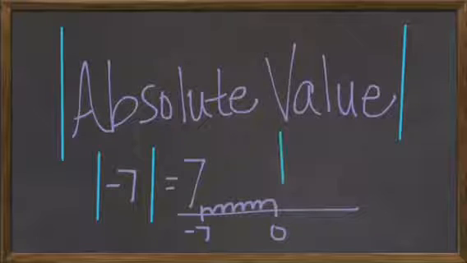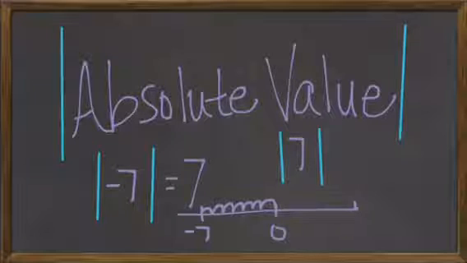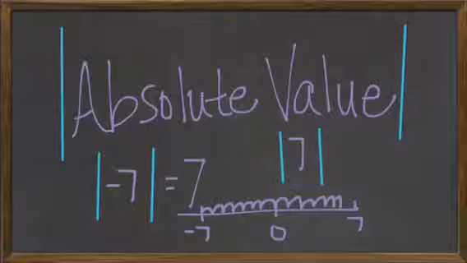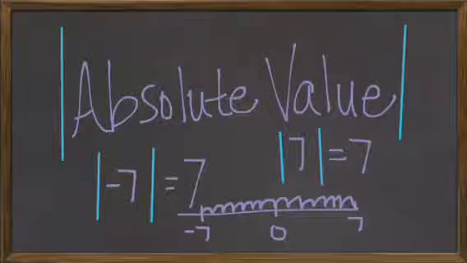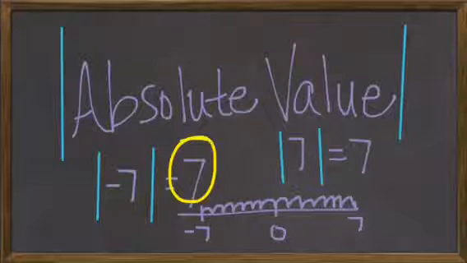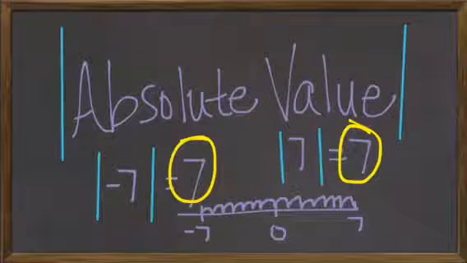Also, +7, go figure, is also 7 units away from 0. So the absolute value of -7 is 7. The absolute value of +7 is 7. Since absolute value is talking about distance, it's always positive.